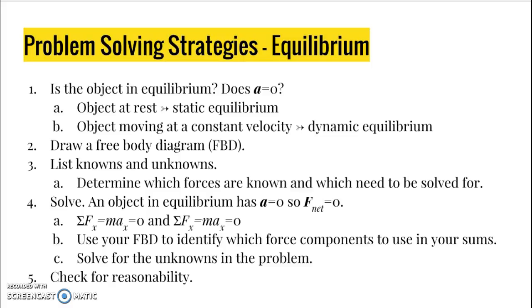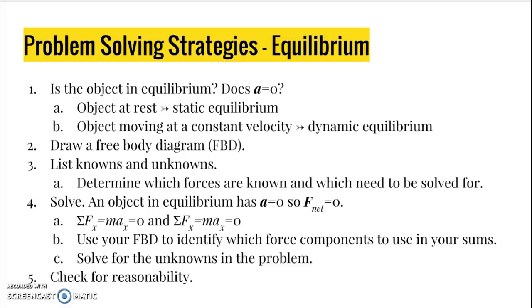After we draw our free body diagram, we're going to list our knowns and unknowns. We determine what forces are acting on the object, label them in our free body diagram, note any numbers given in the problem, and determine what we need to solve for. What's our goal in solving the problem?